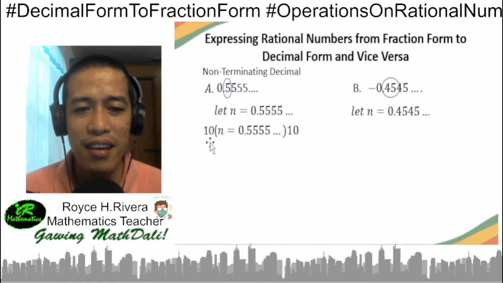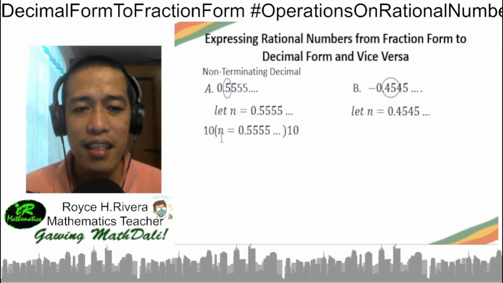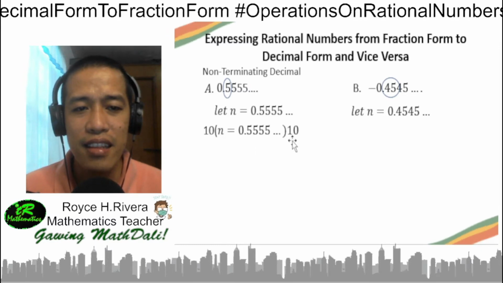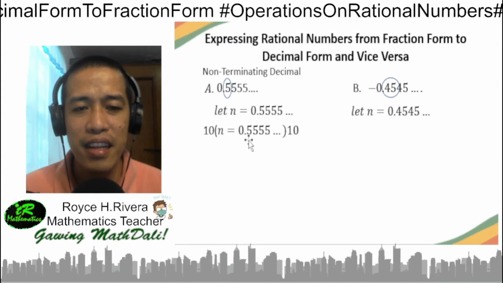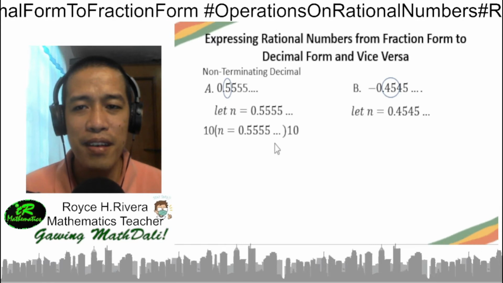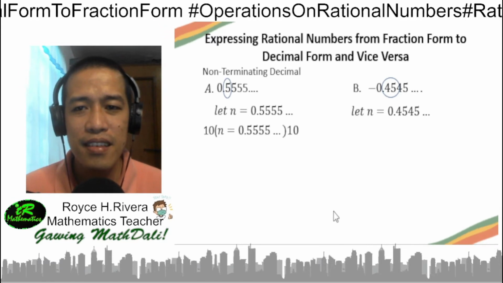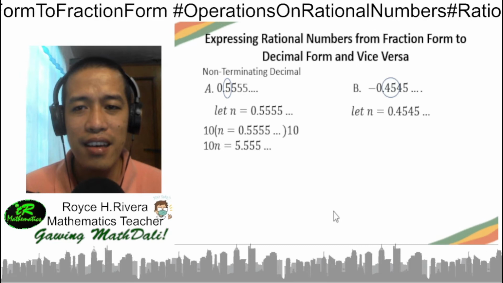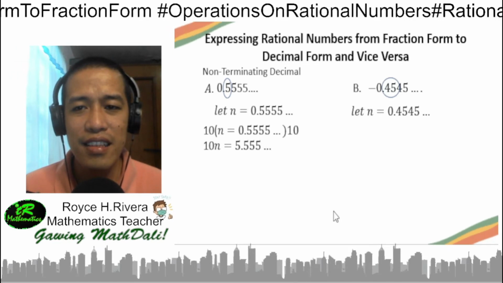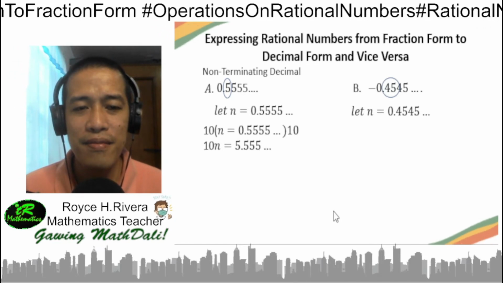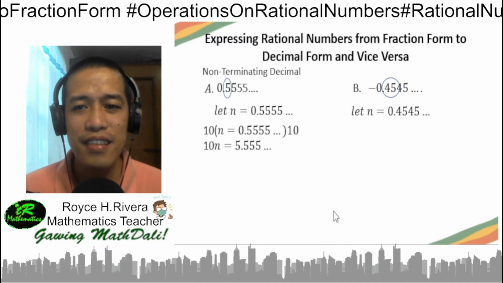We get the product of 10 times n and 10 times the non-terminating decimal 0.5555. We will have the product 10n is equal to 5.55555.